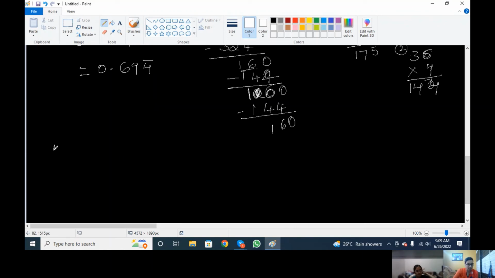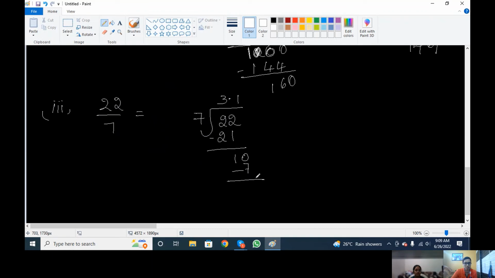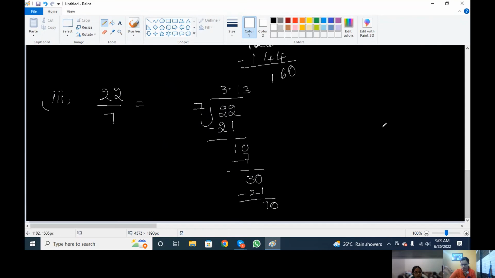Two more sums are there. In the same bit, we'll do this also. 22 by 7. So let's divide 22 by 7. 21, remainder 1. Put a point, 0. 7 ones are 7. 3 times 7 is 21. 70.